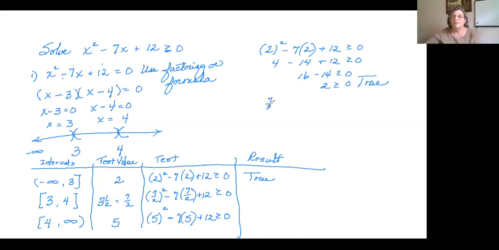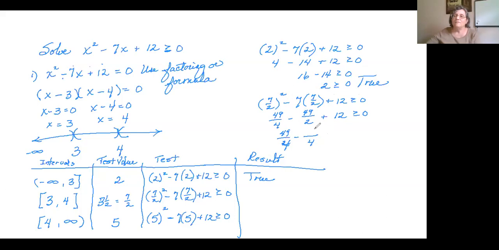Next, 7/2 squared minus 7 times 7/2 plus 12 is greater than or equal to 0. This would give me 49/4 minus 49/2 plus 12 is greater than or equal to 0. So I've got 49/4 minus, get a common denominator here.